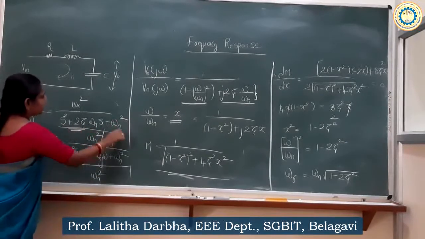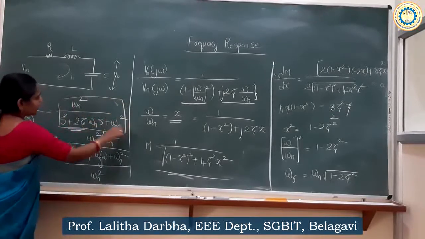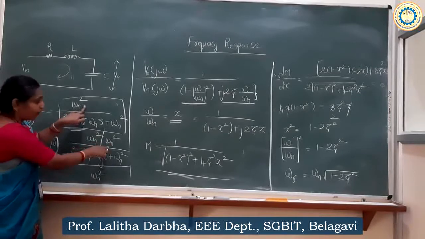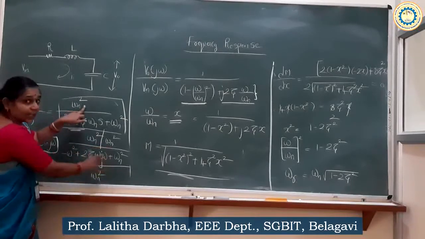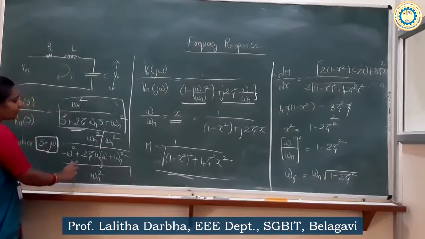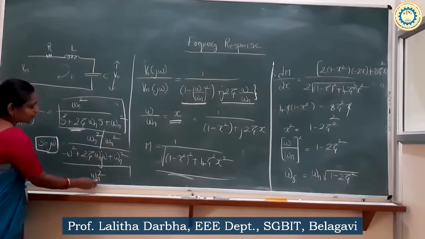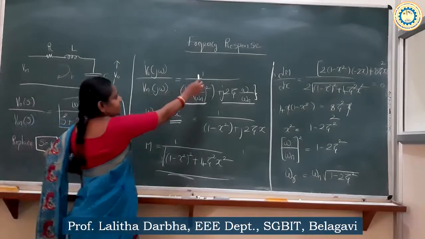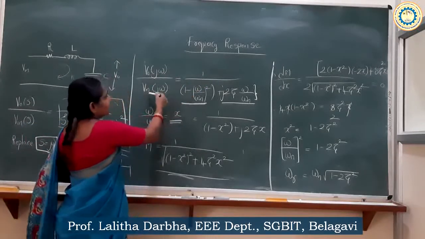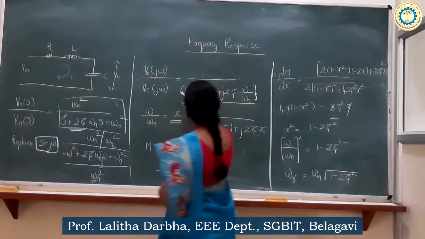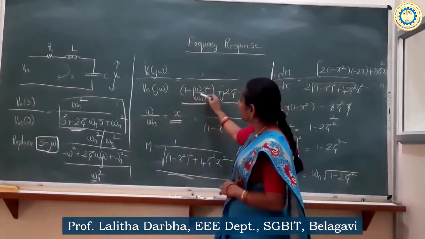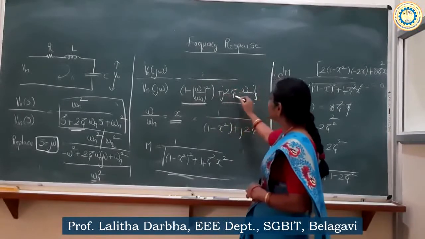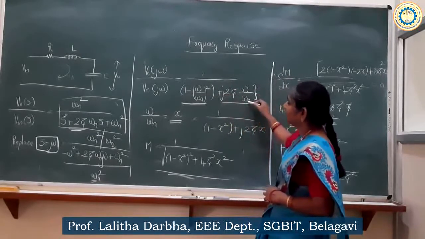The next step will be to divide both the numerator and denominator by omega n square, so that you get a unity over here and you can simplify this particular expression. Divide the numerator and denominator both by the term omega n square. When we divide, we end up with V naught by V i is nothing but 1 divided by 1 minus omega by omega n whole square plus j into 2 zeta omega by omega n.